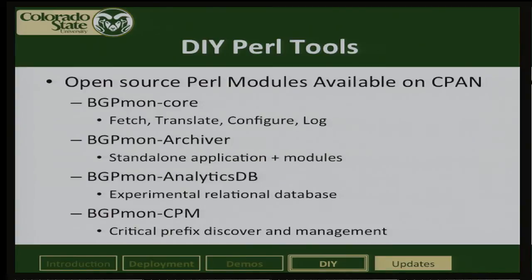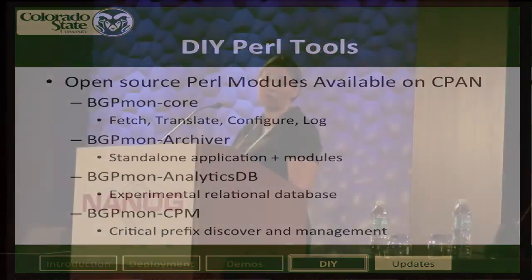We use and make available the BGPmon archiver package. And so this is not only a set of modules that help you archive the messages, but also a script that can be installed on the system.